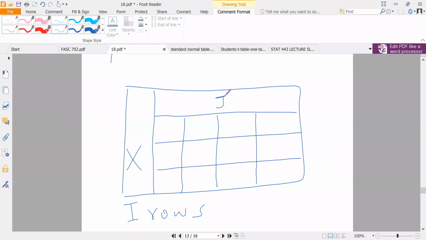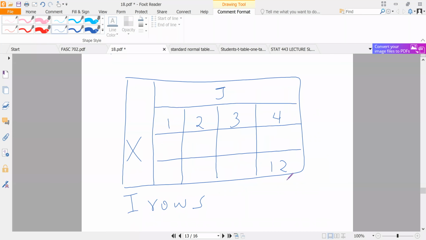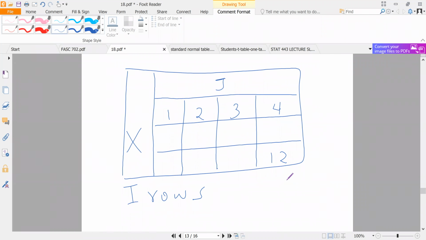And then all the cells in this table, cell 1, cell 2, cell 3, cell 4, all the way up to cell 12, they'll have the possible combinations.